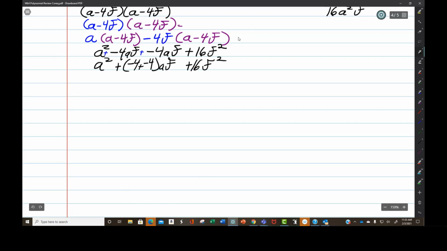And I'm forgetting all over the place to put the equal signs. Okay, so we'll have A squared plus negative 4 is negative 8.